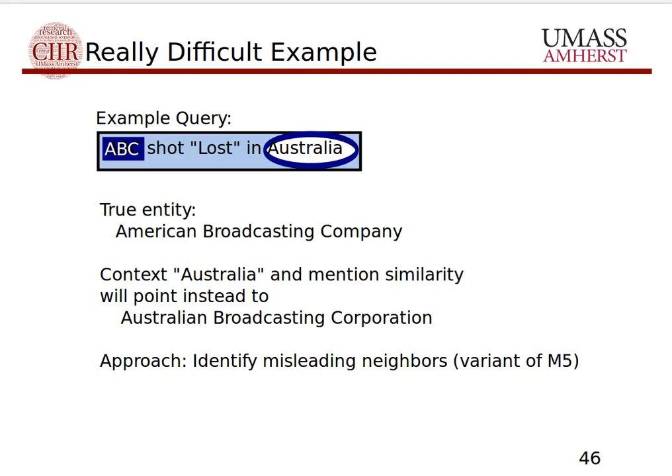Of course, the true entity, American Broadcasting Company, is here represented by its acronym ABC. But there's another entity that also had the same acronym match. It's called Australian Broadcasting Corporation. And because we have Australia in the context, and there's not even any question of ambiguity with Australia, this is just such a strong indicator that points towards this entity that we will always predict the wrong entity here.